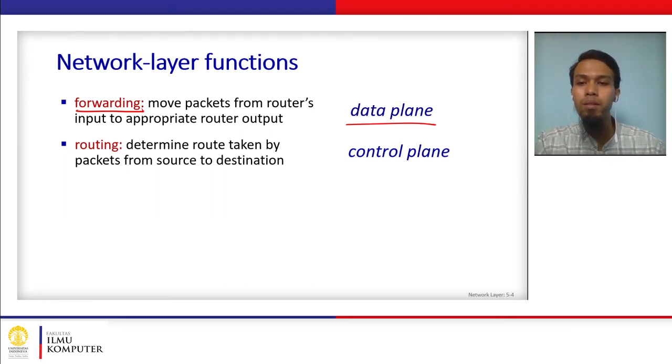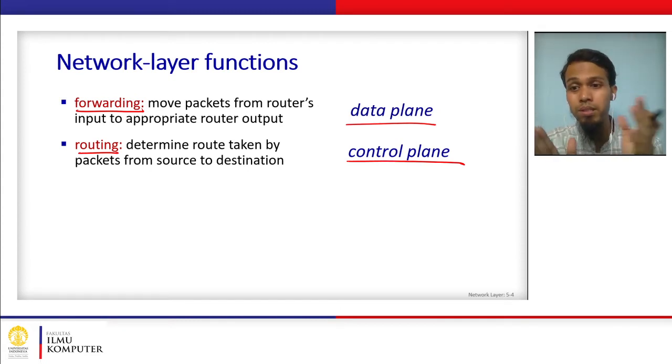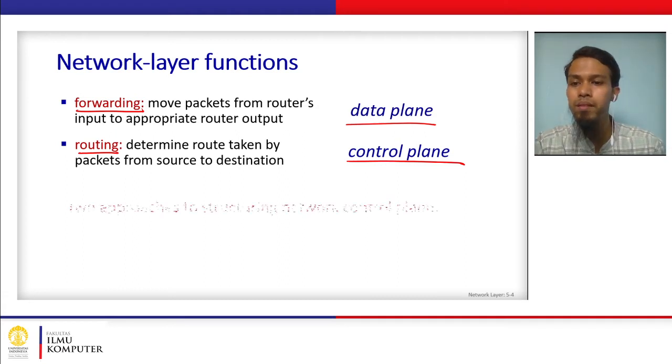And routing is the process done in the control plane, because it's a process to plan the route and to know the best path. So it cannot be done at the same time as when the packet is coming into the router. This is a different process from the data plane.